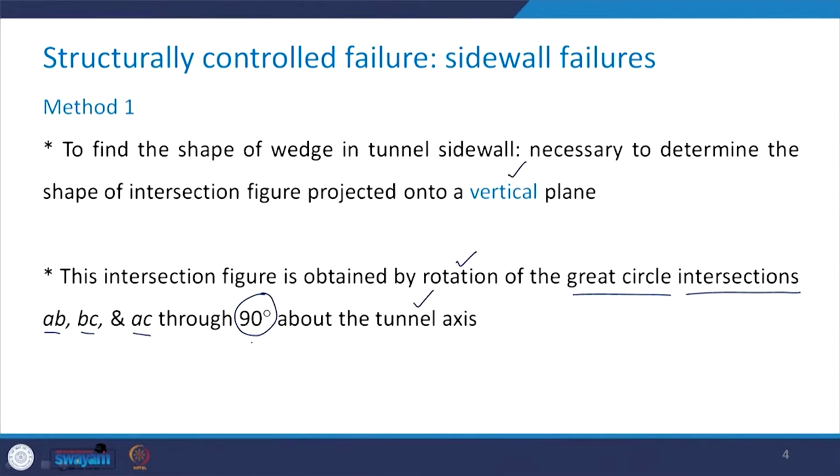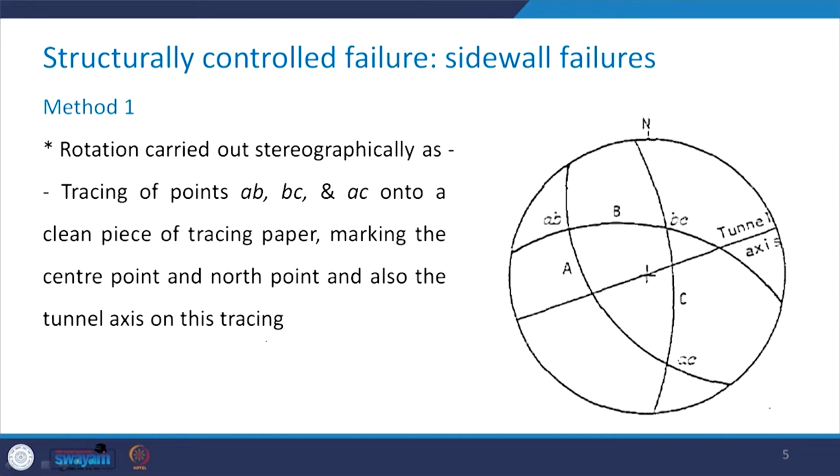So, one has to rotate these great circle intersections through 90 degree about the tunnel axis. Let us see how this rotation can be carried out stereographically.